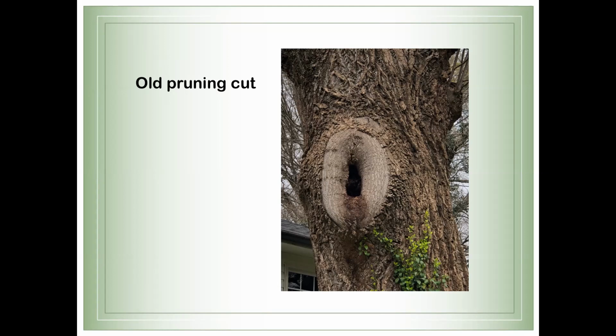And the standing water actually is a fungus retardant, because fungus needs dry oxygen, not wet oxygen. So it actually inhibits fungus. So if you have standing water in the crotch of a tree or in a cavity like this, don't worry, you don't have to drain it out or plug it up or anything like that.